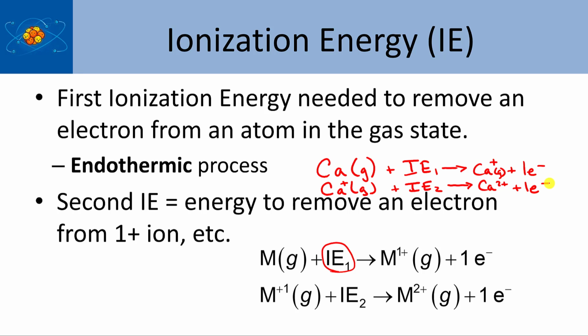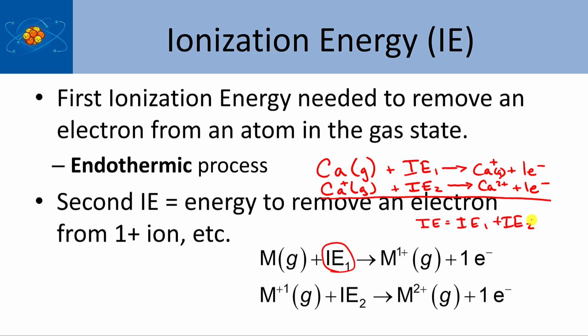Now, you'll notice that these ionization energies are for successive ionizations. If you want the total ionization energy for the entire process to go from calcium to calcium 2 plus, you add these two reactions together, and the ionization energy in total would be IE1 plus IE2.